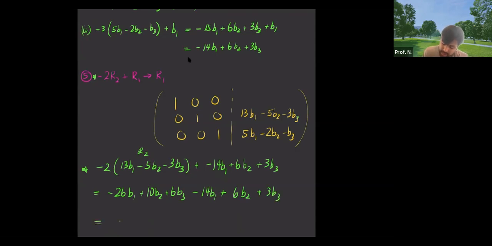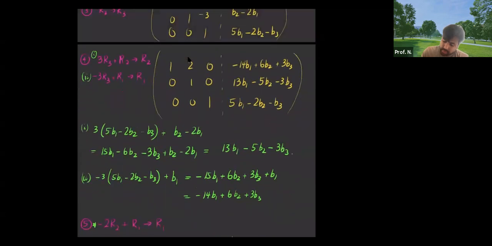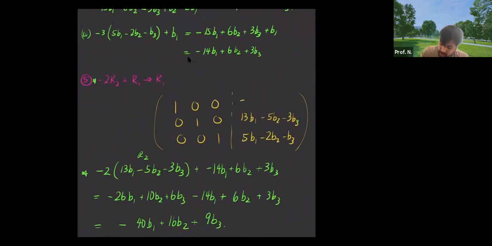This equals what? -40b1 plus 16b2 plus 9b3. So this should be -40b1 plus 16b2 plus 9b3.